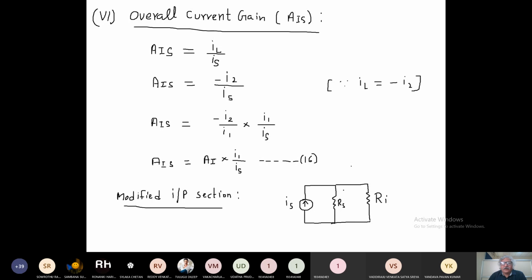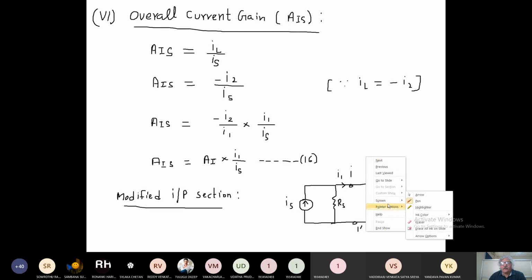So this is the modified circuit, and here you can see terminals 1 and 1 dash, and here the current I1 is flowing.